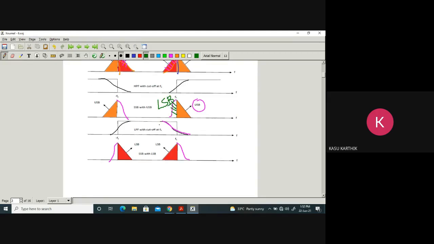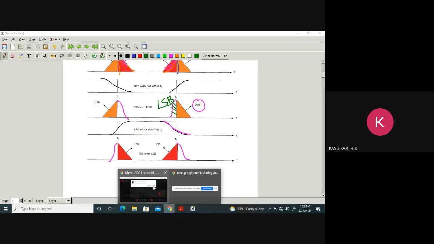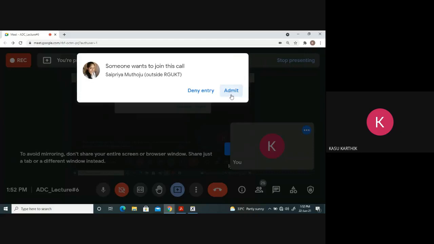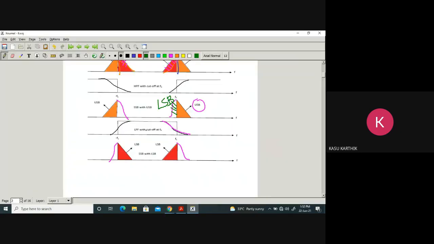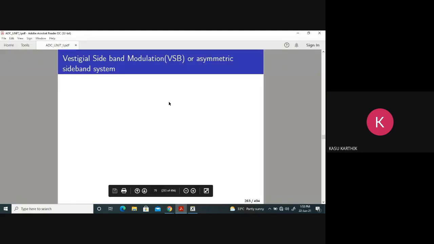The same thing can happen here. Because of this non-ideal low pass filter, you are getting the lower sideband and some portion of the upper sideband. Correct? That is called vestigial sideband modulation. What does vestige mean?